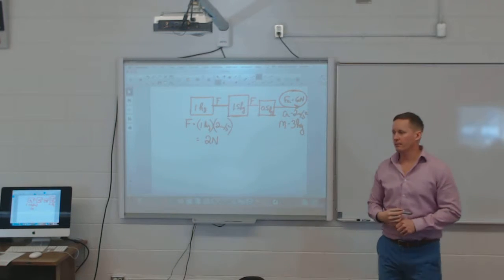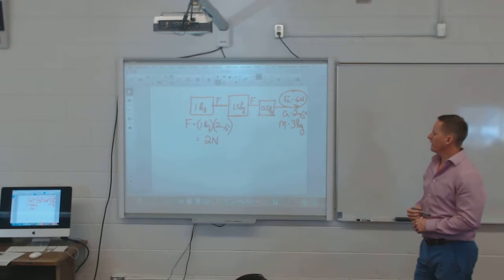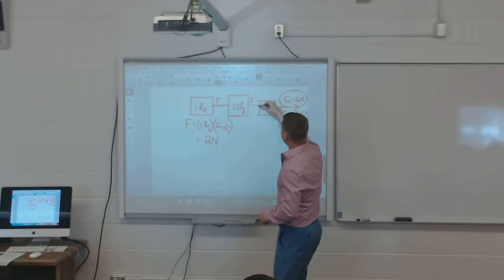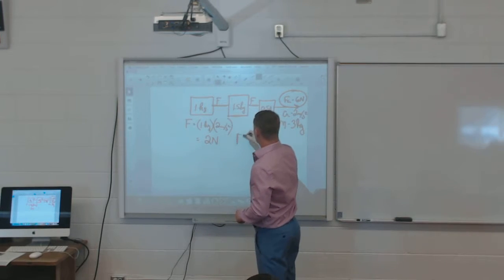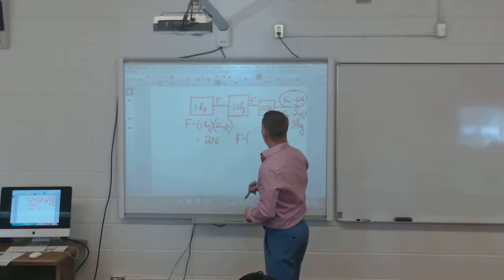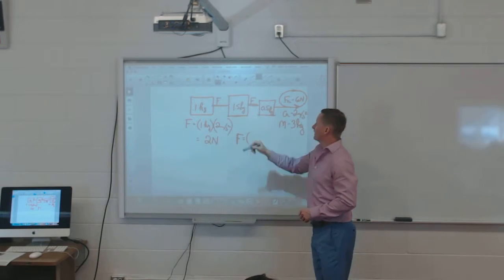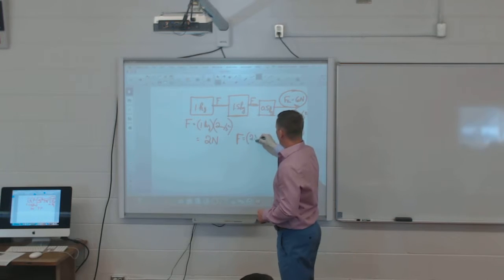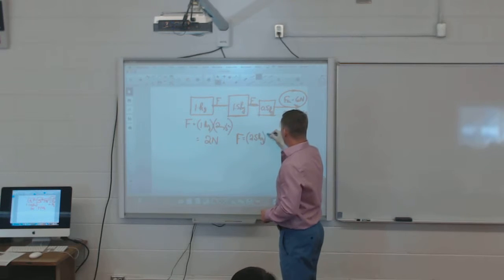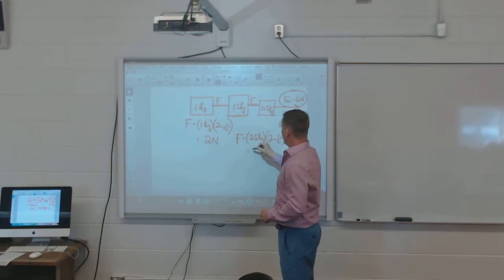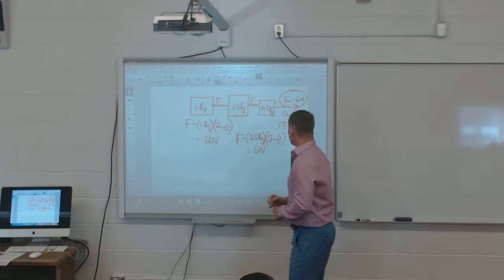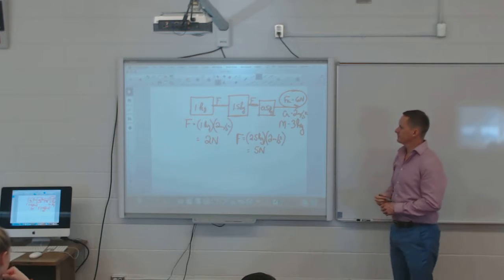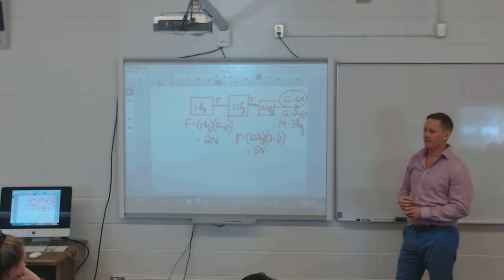It's pretty simple. All right? So what's the force on this string then? Well, how much mass is this string pulling? 2.5. So 2.5 kg times 2 meters per second squared equals 5 newtons. Okay?